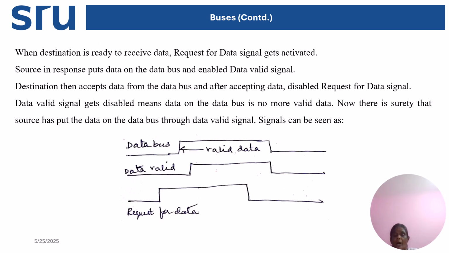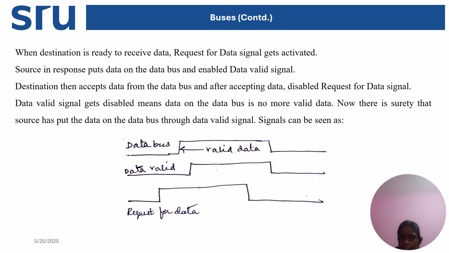Now the same thing is repeated in the diagram, and what is happening? First, when the destination is ready to receive data, it raises the request for data signal. The source in response puts data.